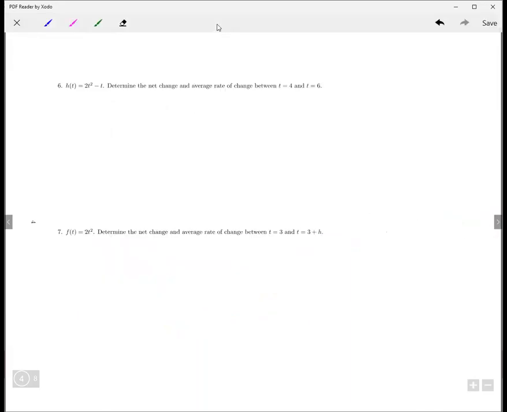So number 6, we have this function here, h of t equals 2t squared minus t. And we want to find the net change and the average rate of change between t equals 4 and t equals 6. Okay, so again, a is going to be 4 and b is going to be 6 in this case. So the net change is f of b minus f of a.